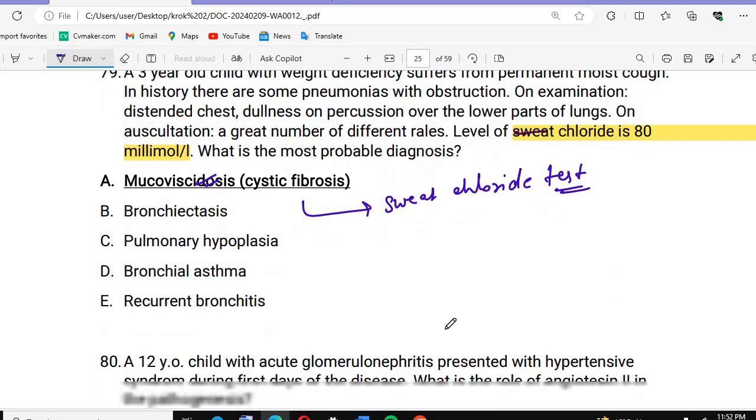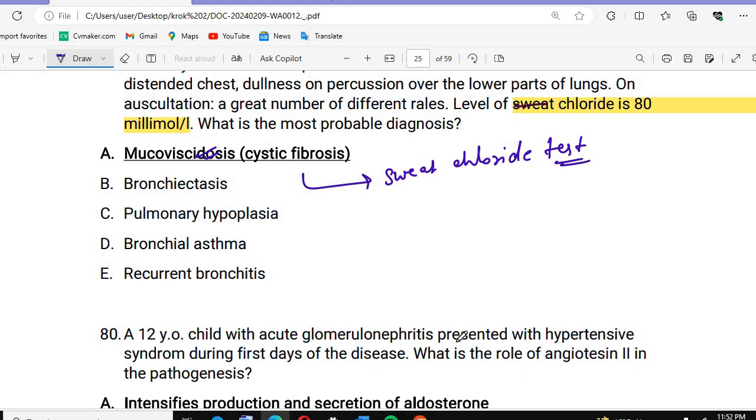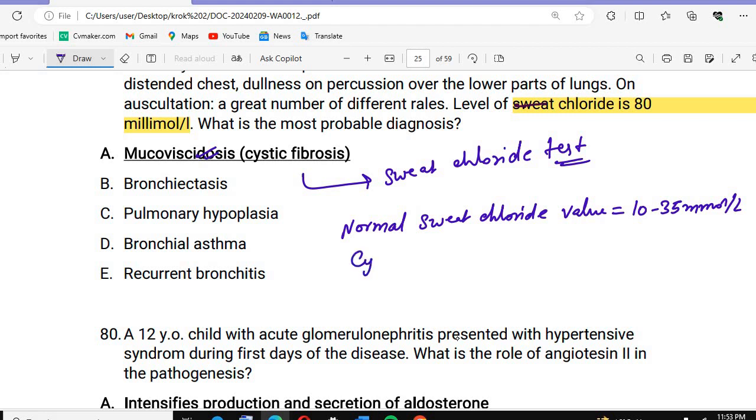Here the sweat chloride level is 80 millimole per liter. The normal sweat chloride value is 10 to 35 millimole per liter. In cystic fibrosis, the sweat chloride or NaCl value will be more than 60 milliequivalent per liter.